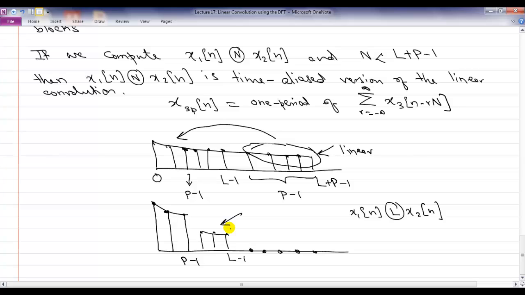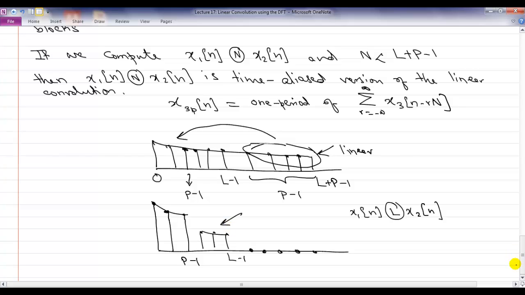Okay, so because of that, in overlap save, instead of dividing our signal into non-overlapping blocks, we have to divide our signal into overlapping blocks.